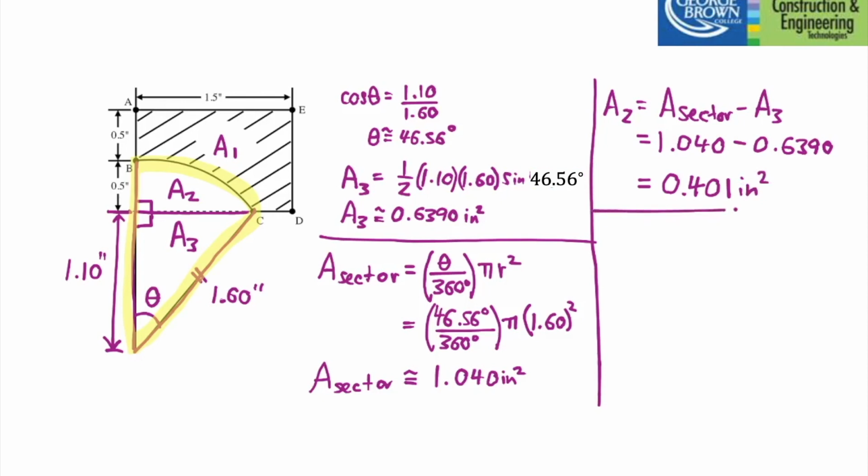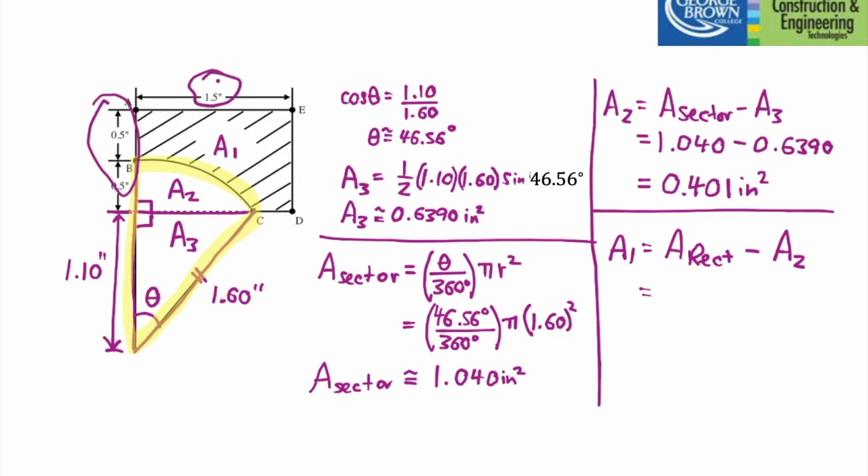And look at that. We know A2. So I think we're laughing now, or you should be happy because the answer is essentially done now. If you want the area of 1, just take the area of the rectangle minus A2. And the rectangle area is going to be, well, it's this times this.